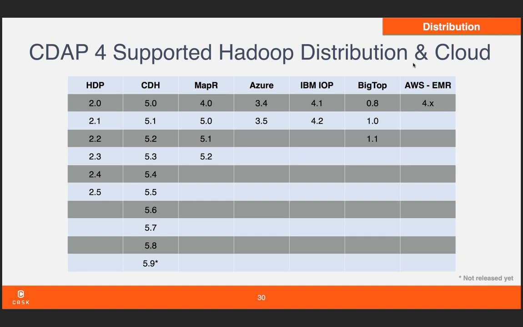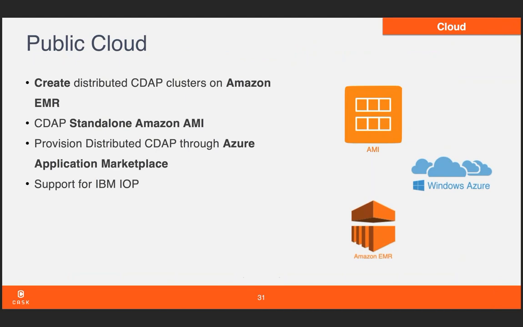So with CDAP 4, we'll be able to support EMR version 4.x. So with the public cloud, we'll have the ability to create CDAP clusters on Amazon EMR, and we'll be providing all the Amazon EMR scripts to be able to provision those on the EMR.